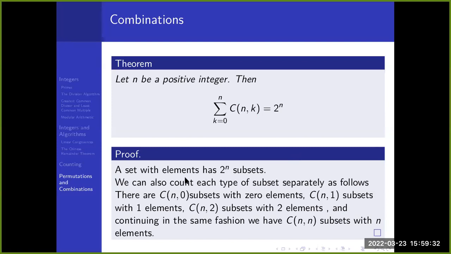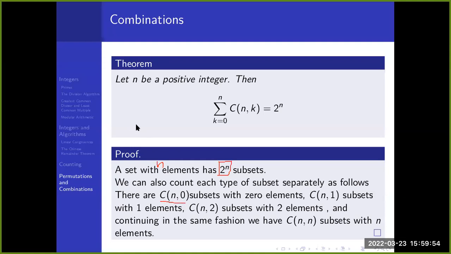So we'll count in 2 ways. If a set has n elements, then it has a total of 2 raised to n subsets. So that's one way of counting the subsets. But we can use these combinations also to count the subsets.